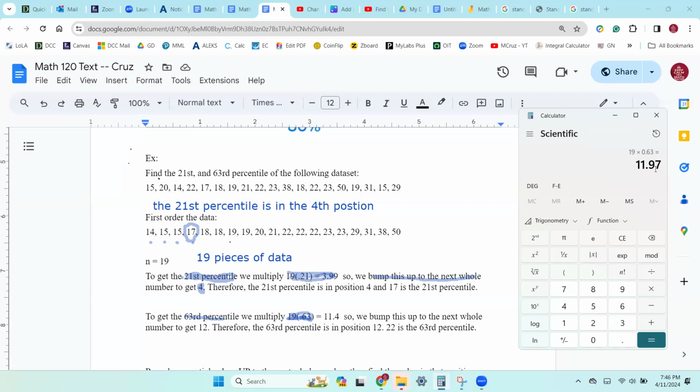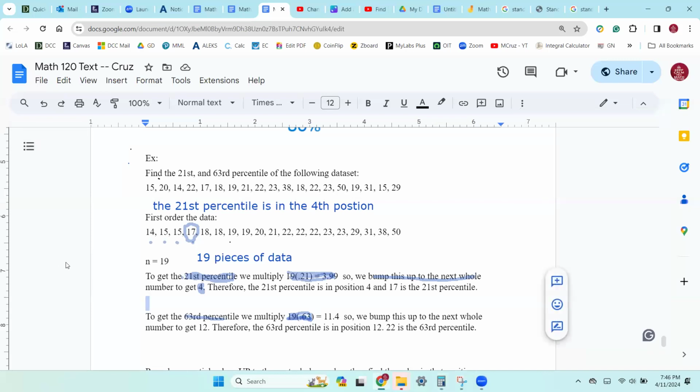So you've got to take the whole person to bump you above the amount that you need. Statistics is all about being safe, being above and beyond what you need. So that's why we bump up to 12.